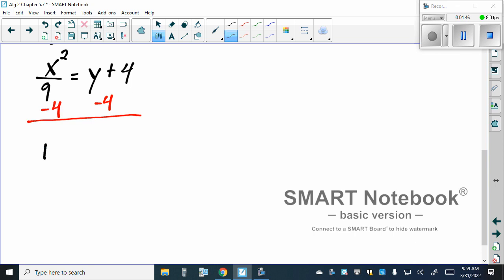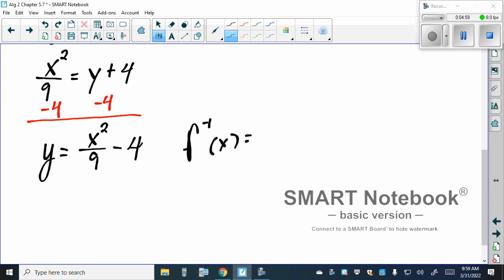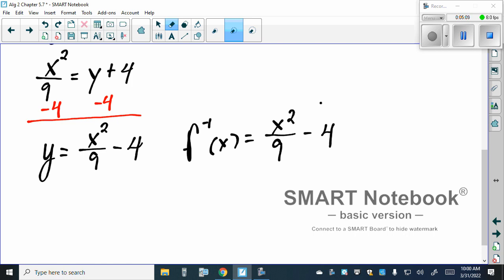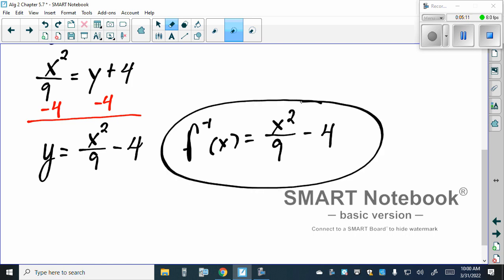And when you subtract 4 from both sides, we get that y is equal to x squared over 9 minus 4. So our inverse function, f inverse of x, is equal to x squared over 9 minus 4. And that right there would be the inverse function.